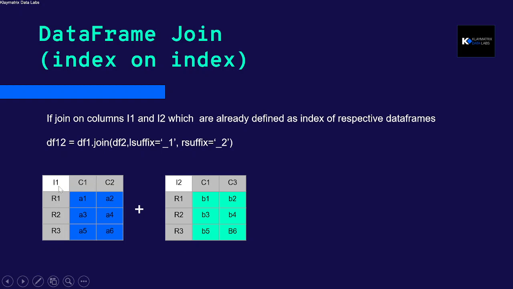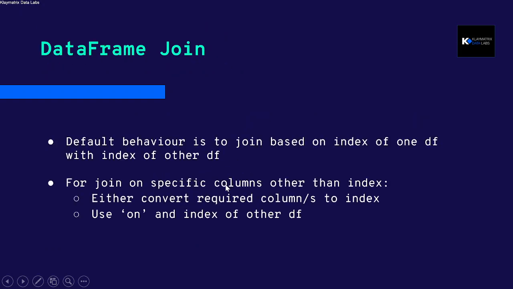But if you want to join one on this column and another on this column, then for this one you need to first convert it into an index column. Basically, then in this data frame, the index changes from I2 to C3. We'll cover that. So let's go back to the point. These were the two methods in which you can join if you want to join on a column other than index.